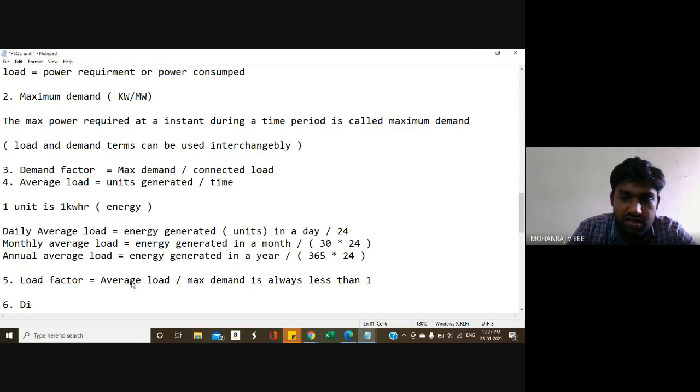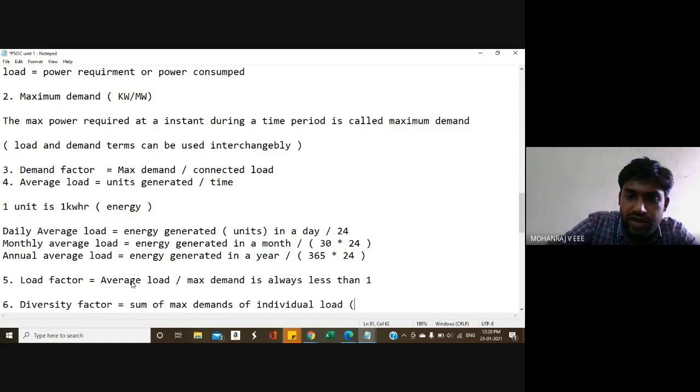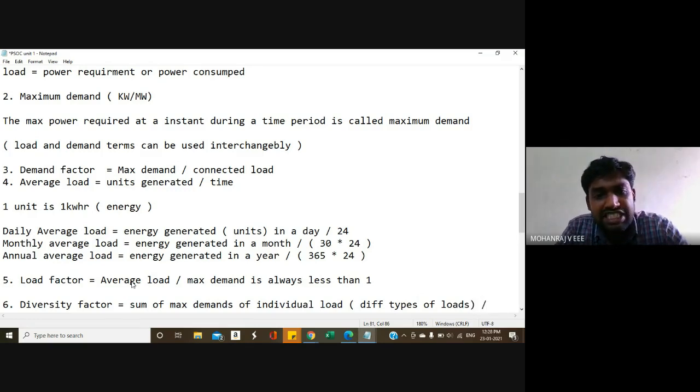We have a term called diversity factor. What is this diversity factor? Diversity factor is the ratio of the sum of maximum demands of individual loads, by the maximum demand of the plant or the system.